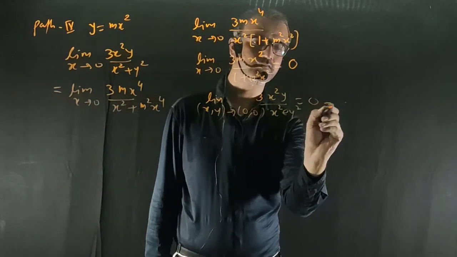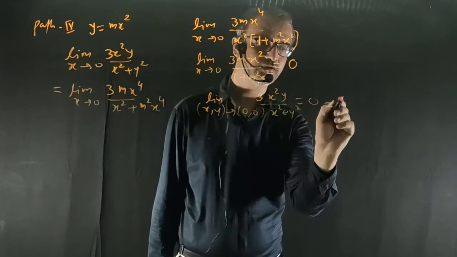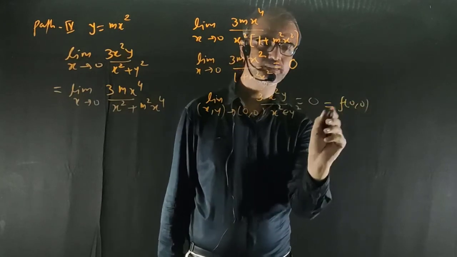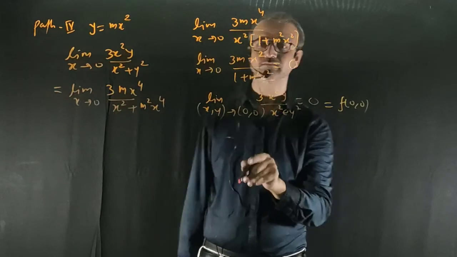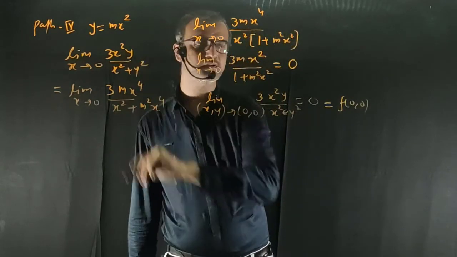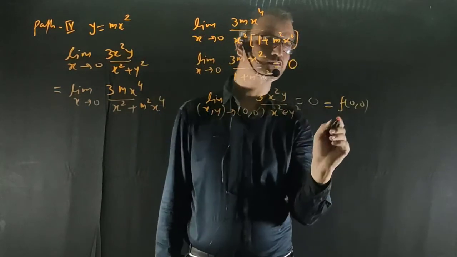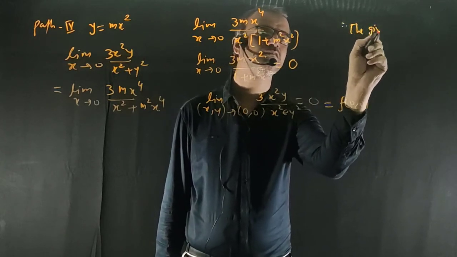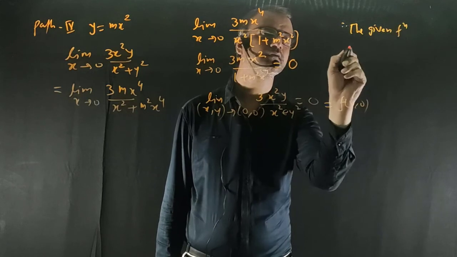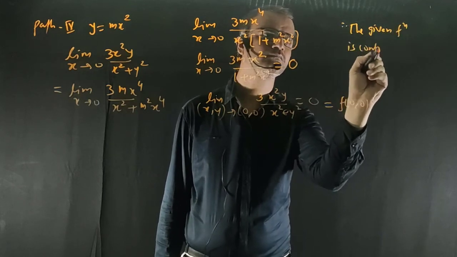And the value of the given function at point (0,0) is also 0. Hence we can say that the given function is continuous at point (0,0). Therefore the given function is continuous at (0,0).